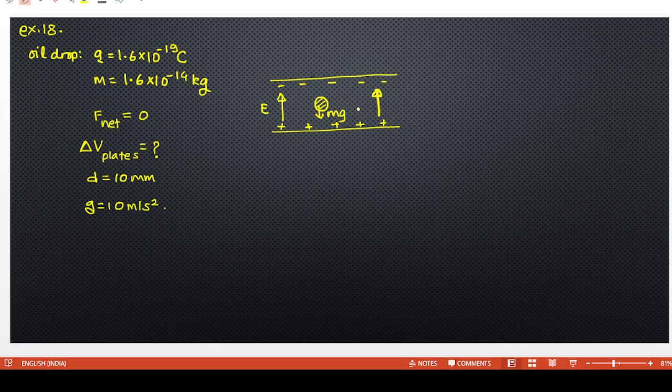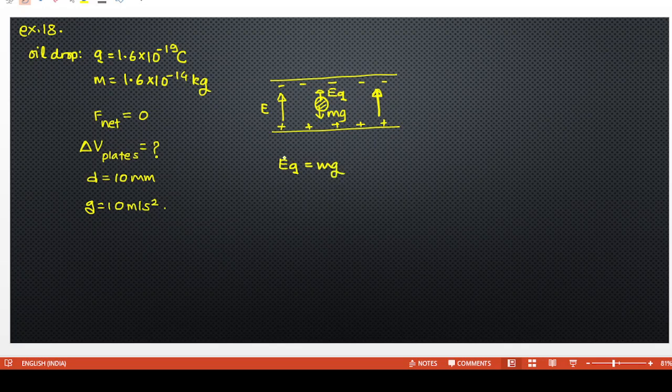Just like mass placed in the gravitational field experiences the gravitational force mg, similarly a charge placed in the electric field experiences electric force equal to QE, or you can say EQ. So when a charge Q is placed in the electric field, it will experience the electric force EQ. Now these two shall balance each other. Only then the net force acting on the charge will be 0.